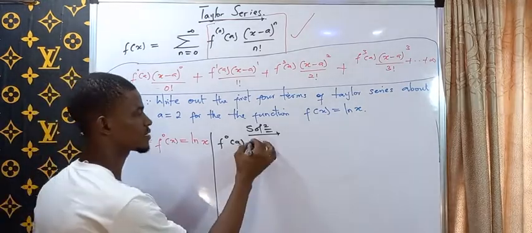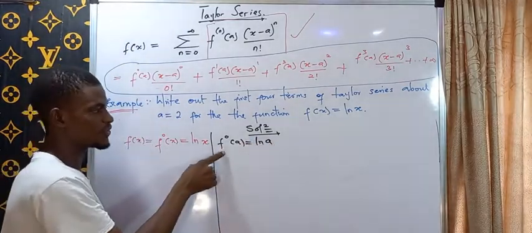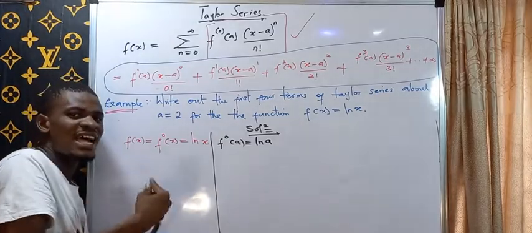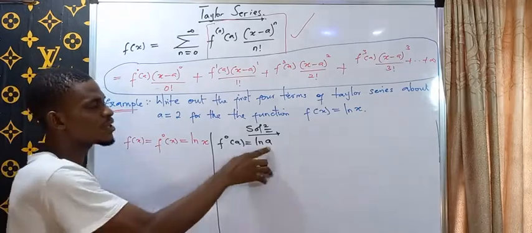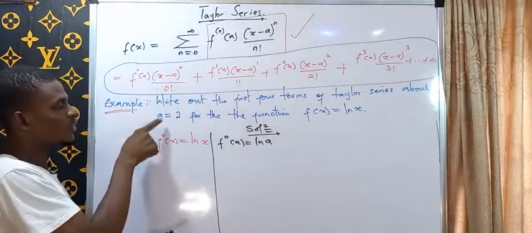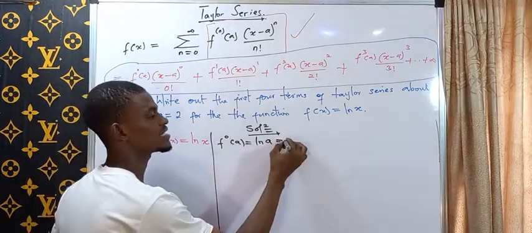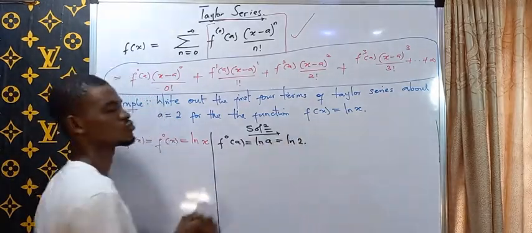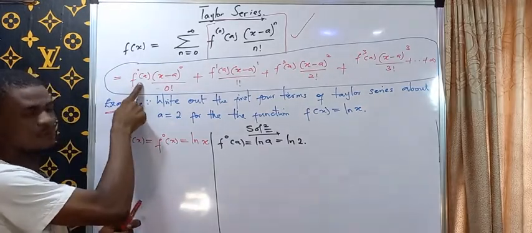Then I can say it's equal to ln a. Why? Because it is a function of x, but a is acting as the domain. But what is the value for a? The question says about a is equal to 2. Then I can say it is equal to ln 2.